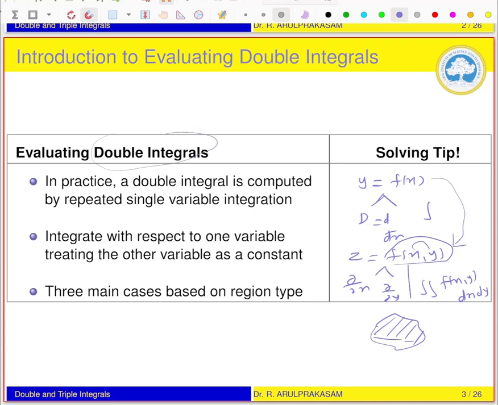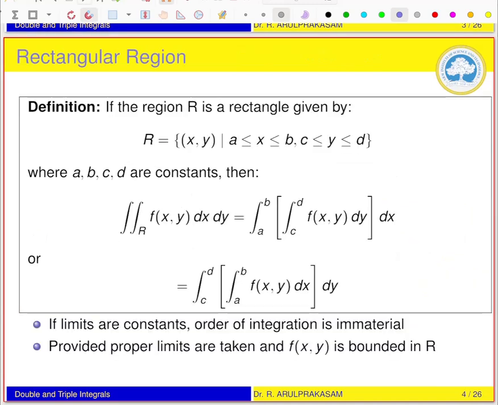Once the introduction is given, what is the basic mathematical definition of the double integral? Suppose the region R is a rectangle given by, because you know the two variable function, a function in terms of x and y, the ordered pair x comma y, with the region limits defined. The x value lies between a to b and the y value lies between c to d.